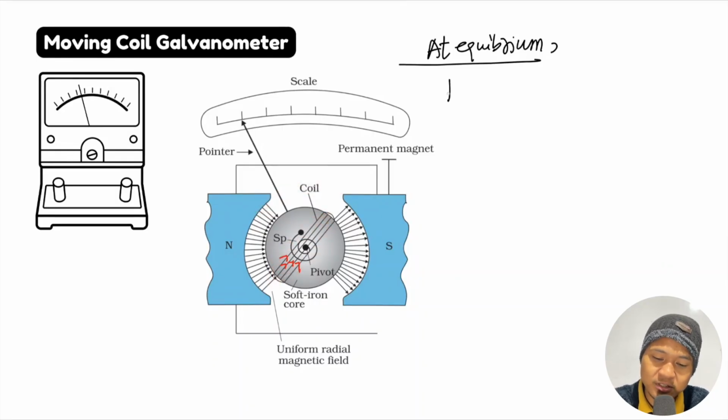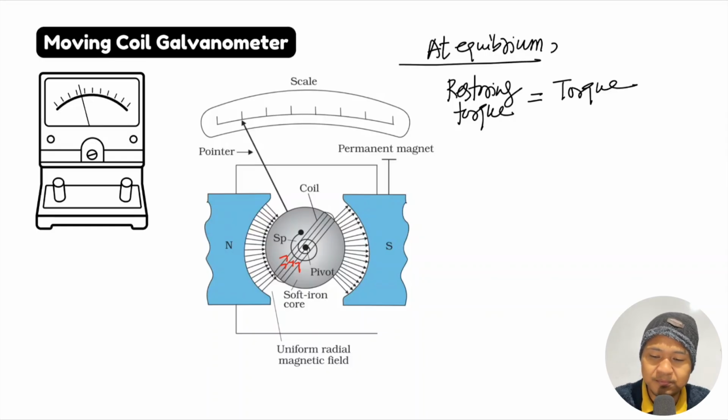Let's say so here restoring torque so this is due to spring na so this is equals to so torque sing to khat pen he current ja torque pa jana.